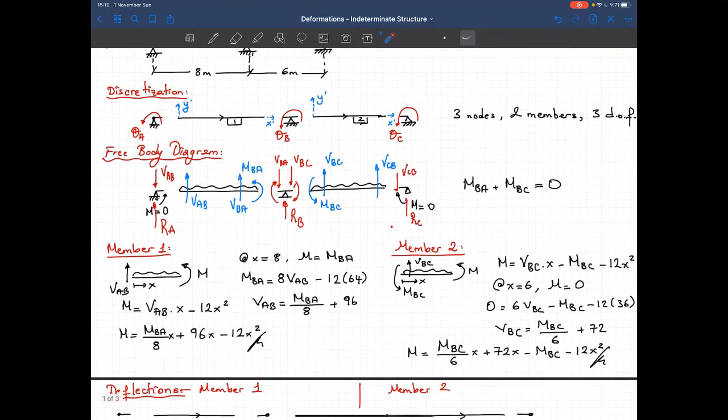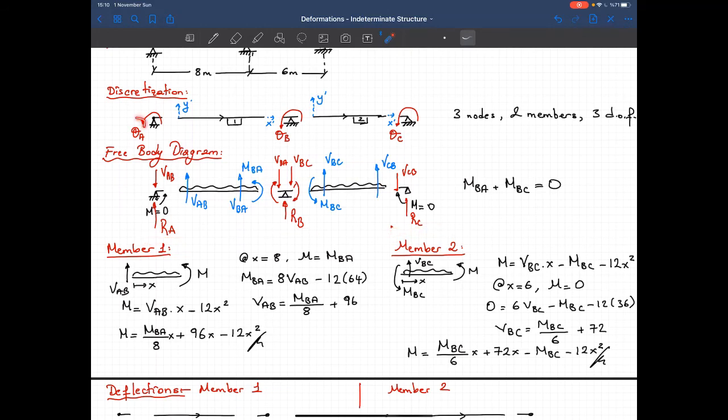And since we know the values of these two end moments, if you go back to the free body diagram, if I know the value of this end moment, I can take moment with respect to that point and determine V_AB. Then I can find out what V_BA is. And I do the same thing for the second member. I can obtain these two values, and this will give me all the support reactions.